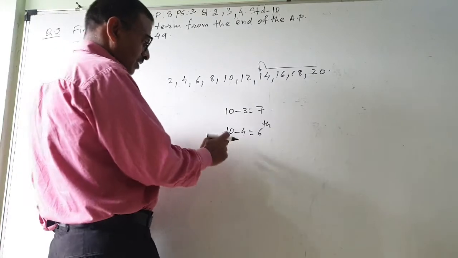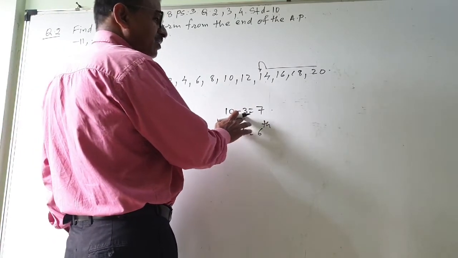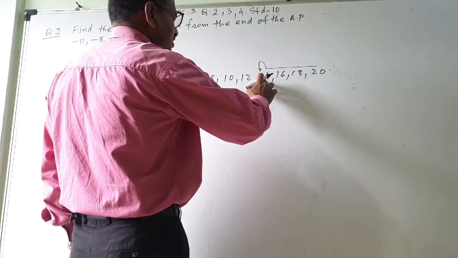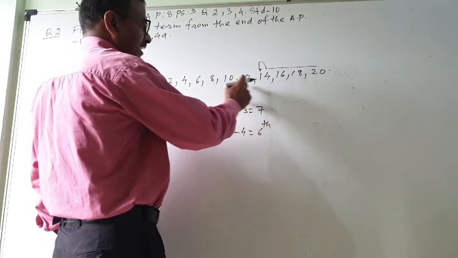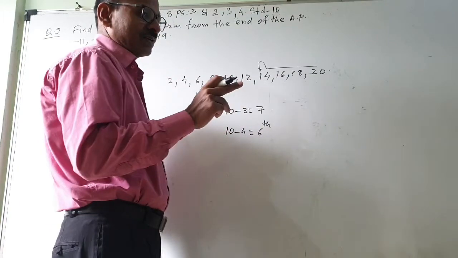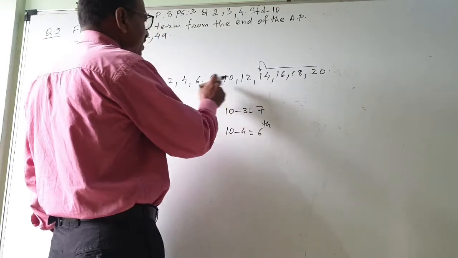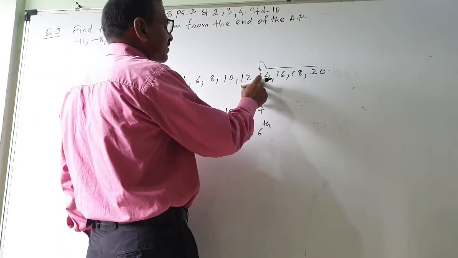Fourth term means we have to subtract 3, not 4. See this, 1, 2, 3, this is the fourth term from the end. Total terms are 10, so I have subtracted 3. Then it has become the seventh term from the beginning.